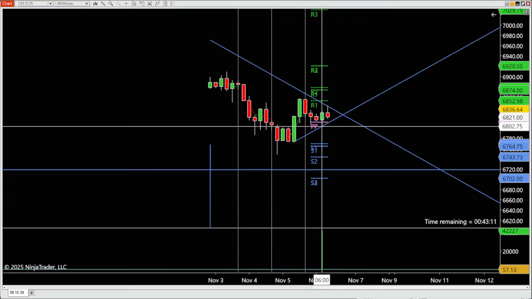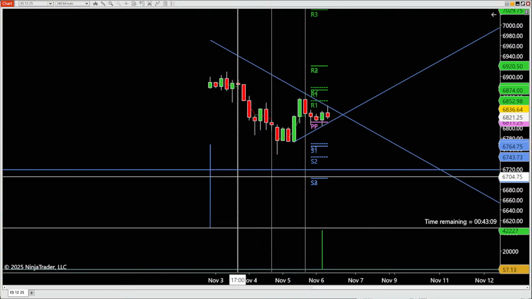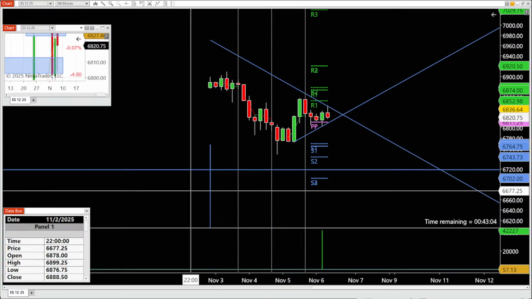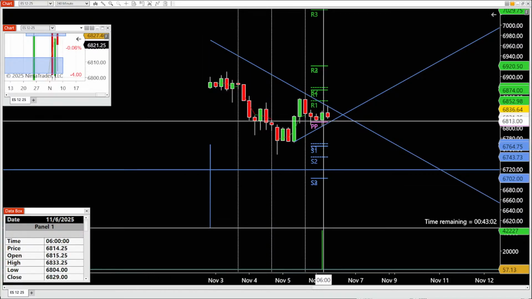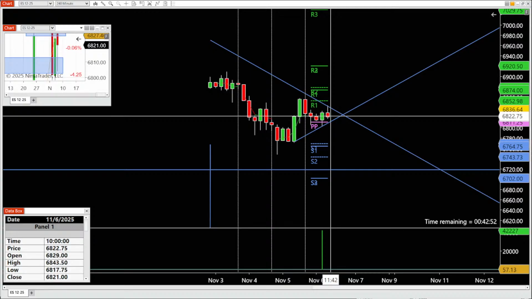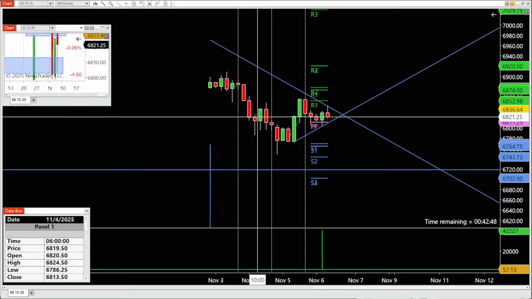The low is, it's a big level. Let me take this always on top off so I can get my data box. Low is 04 and the high is 43. So yeah, it's a big mark. 22 is like right here.